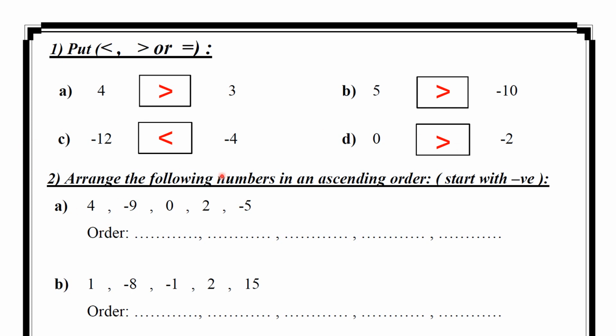Now, arrange the following numbers in ascending order. Ascending order here, start with the negative numbers because the negative numbers are smaller than 0. Now, in letter A, we have 4 and negative 9, 0, 2, and negative 5. Here, which number is the smallest number? We have here positive numbers and negative numbers.